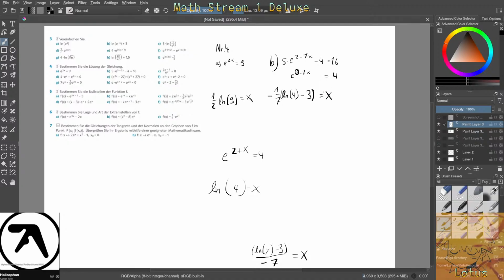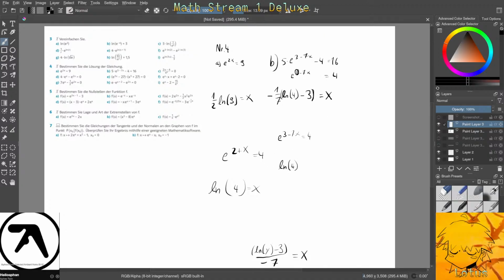Damn, okay. Stupid way to get to the solution, but yeah, I guess it makes sense. Here it's like do every step of it. So that's 7x equals 4. And if you want to get the solution of that, you're gonna have to do the logarithm.